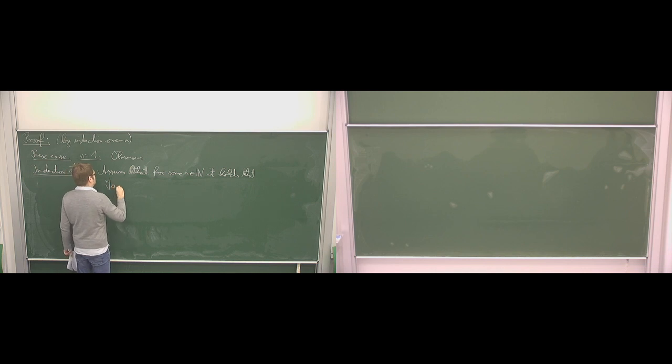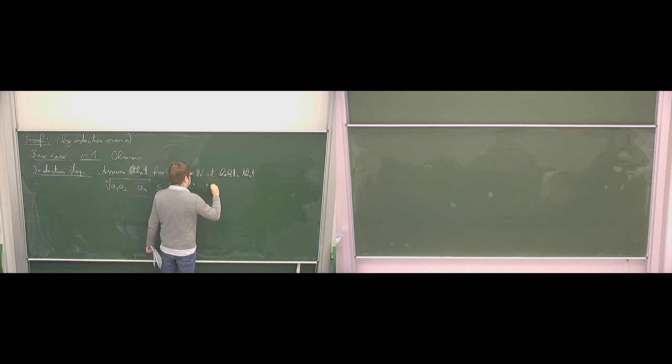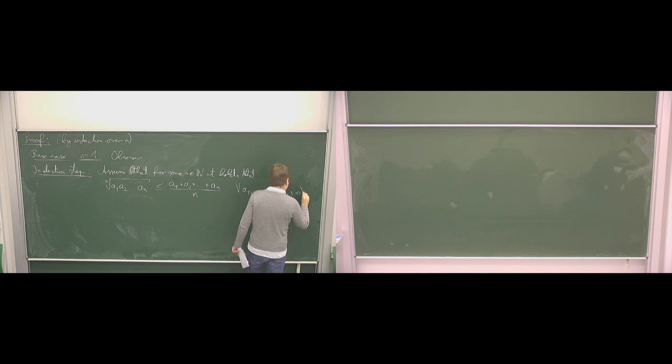So the nth root of a1 times a2 times and so on times an is smaller than or equal to a1 plus a2 plus and so on plus an over n for all a1 to an in 0 to infinity.